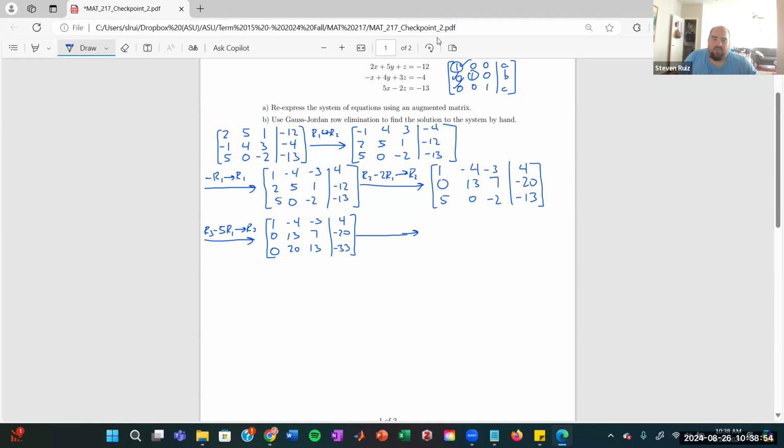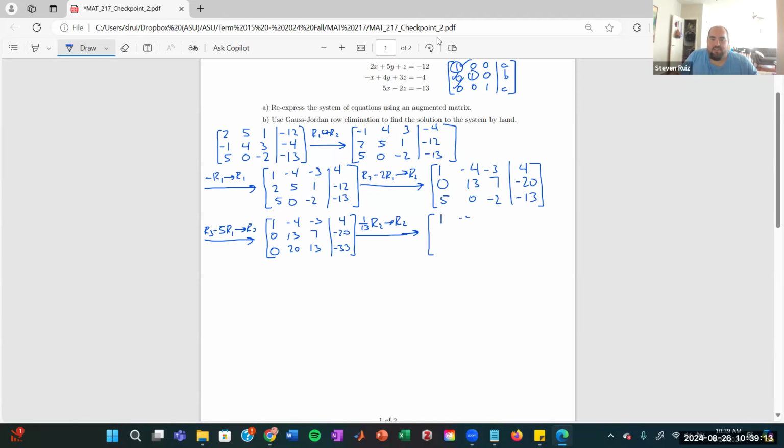So I only want to manipulate row 2. What can I multiply row 2 by to get a 1 there? Essentially going to divide everything by 13. So 1/13 of row 2 is going to go back into row 2.